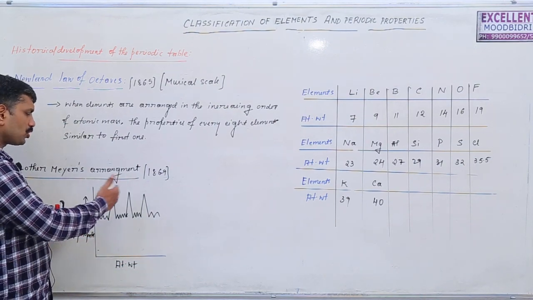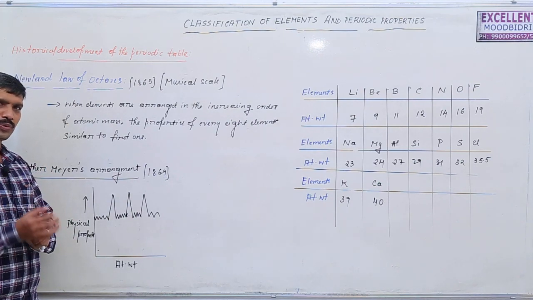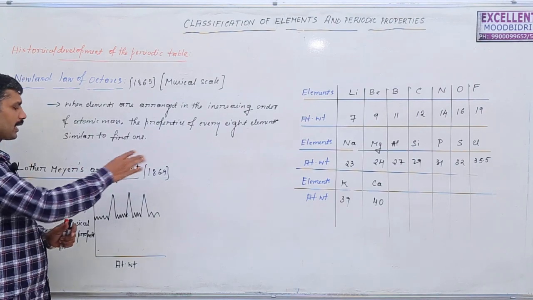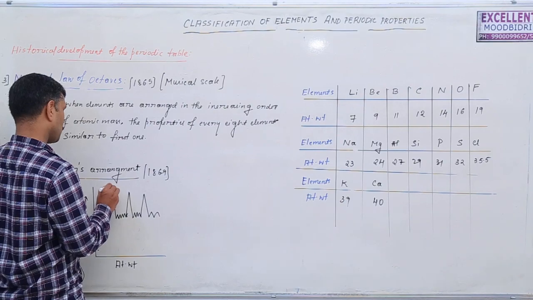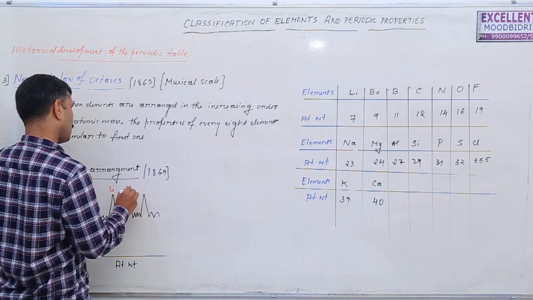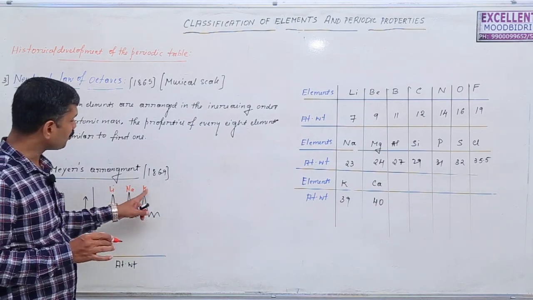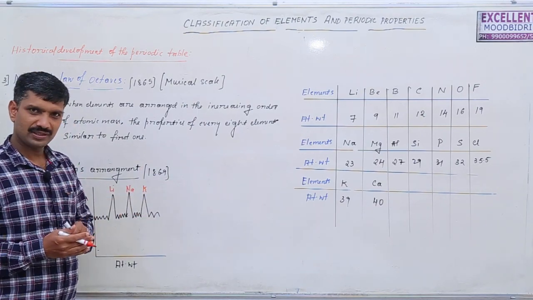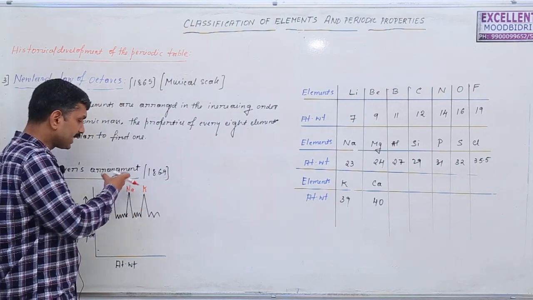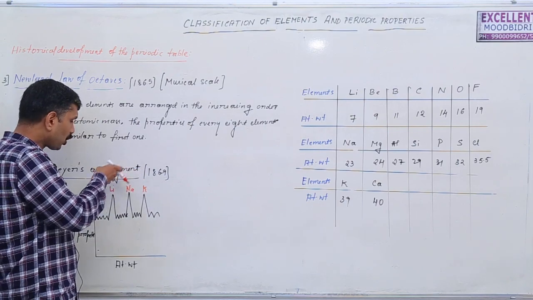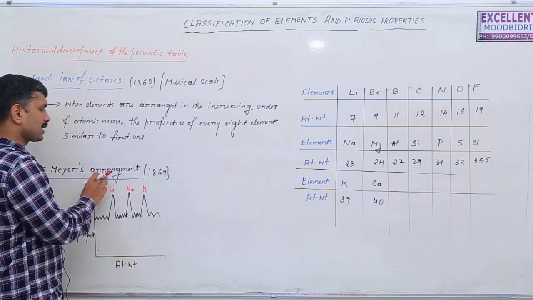Then he observed that those elements which exhibit similar properties appear in the same position in the graph. For example, lithium, sodium, potassium, rubidium, and cesium exhibit similar properties and occupy the same position in the graph. So this is called the Lothar Meyer arrangement.